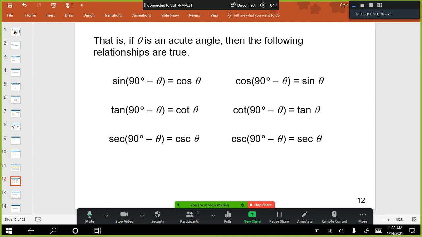And this chart, if you will pull up on WebAssign, let me see. Let me get student view.